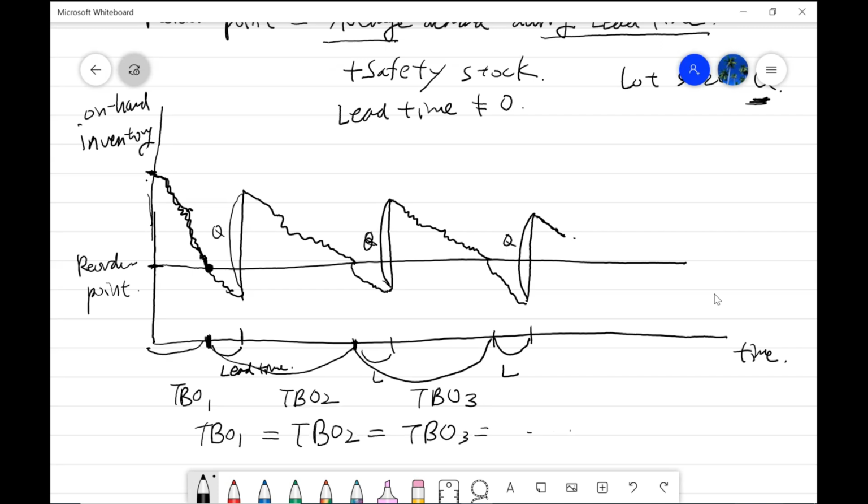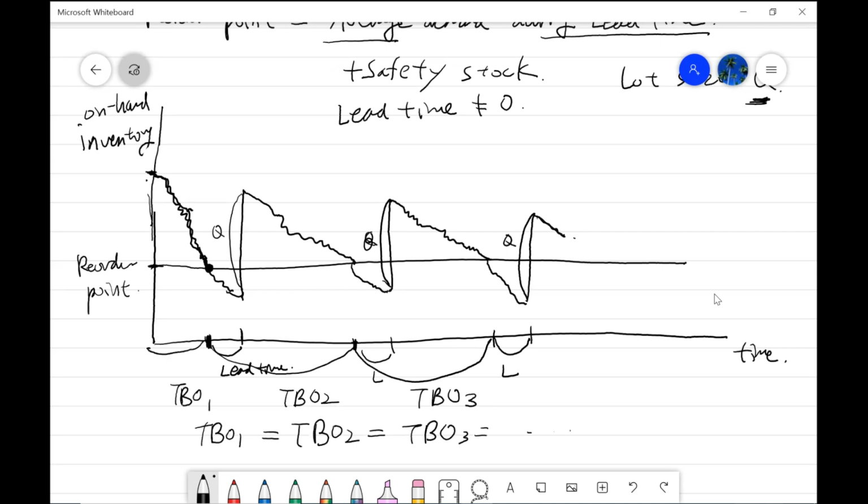No, actually it's not. I mean, by coincidence, it could be, but most likely it's not. They are not going to be the same. Why? Because it depends on the demand. Demand is uncertain, so the time between orders, when you place an order, could be very different. How do you decide when to place an order?